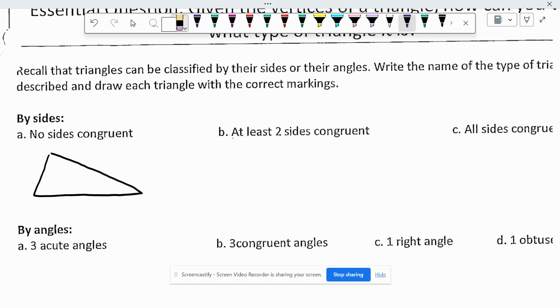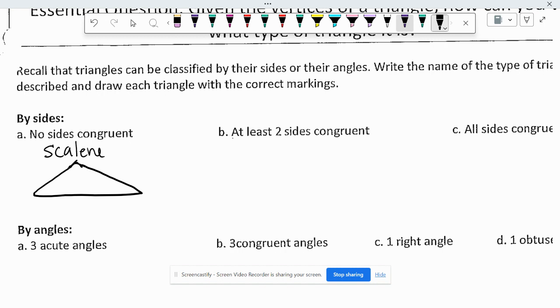It's not obtuse. It's called scalene. So none of the sides have the same measure. This is a scalene triangle.